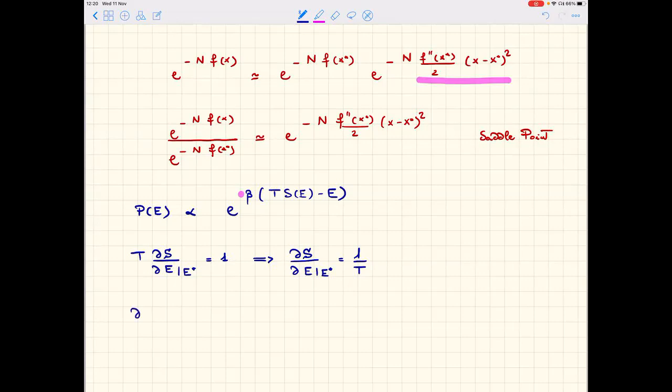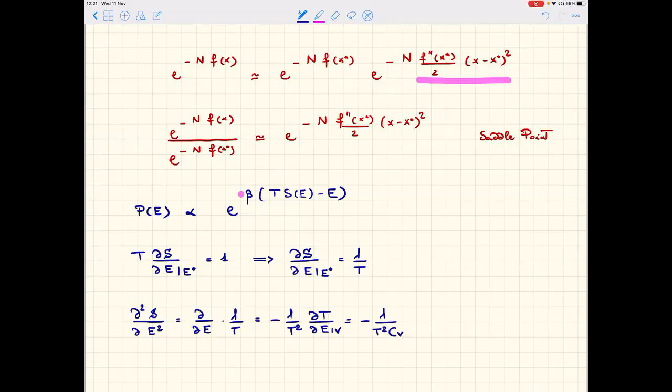Well, the second derivative of the function there is d squared S dE squared times T, and this is equal to dE of 1 over T, which is equal to minus 1 over T squared dT dE at constant volume, and this is equal to minus 1 over T squared times CV.